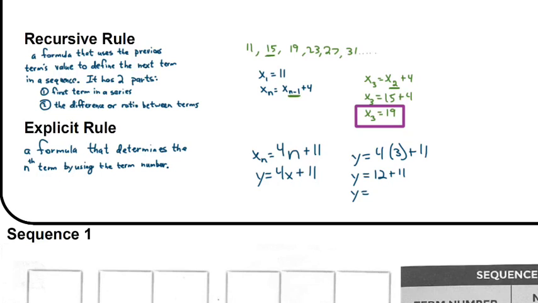It's not 11. This should be 7. Let me adjust my notes. 12 plus 7 is 19. Sorry about that, but this is the explicit rule for that formula up there. All right? And there we go.